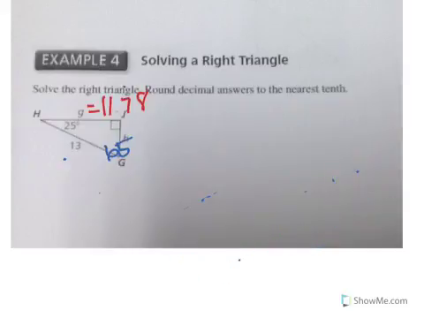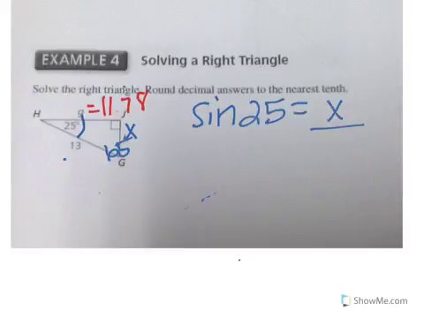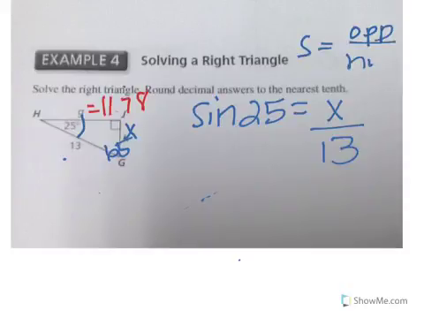Okay, there's only one side that we do not have, and we can use our Pythagorean theorem, or, still using this 25-degree angle, we could use sine this time. To find this side h, I'm going to put my x where the h is, and I would be doing the sine of 25 degrees equals x over 13, because sine is opposite over hypotenuse.